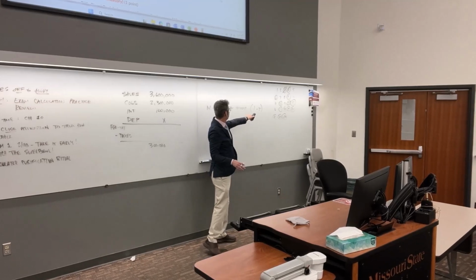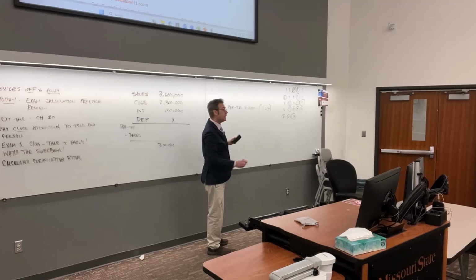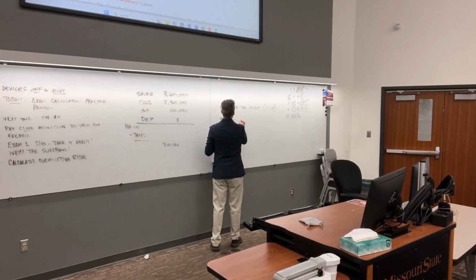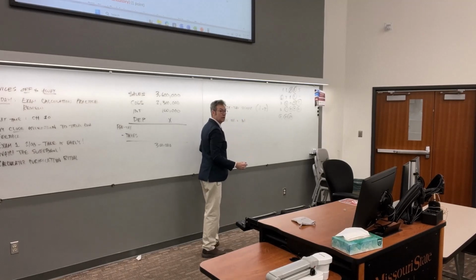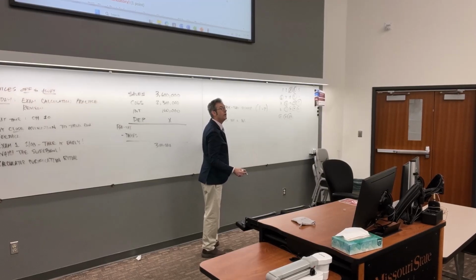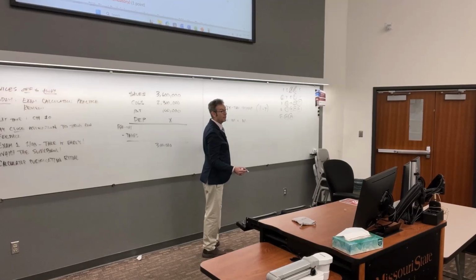I have T. What I want to do is rearrange this thing to get pre-tax income. What do I do? Change the places. Yeah, I changed the places. How about divide both sides by 1 minus T?